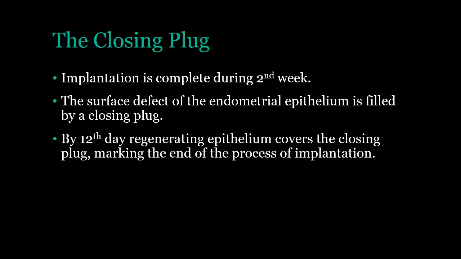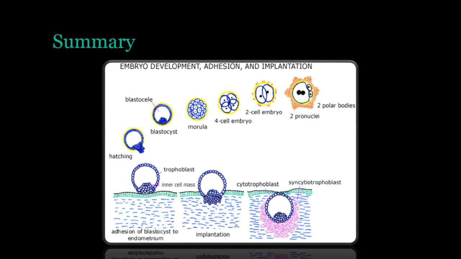Regenerating epithelium covers the closing plug and marks the end of the process of implantation, which is around the 12th day after fertilization. This is a summary of the events that take place from fertilization till completion of implantation.